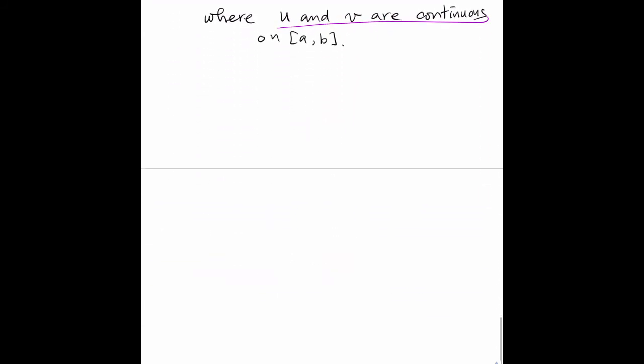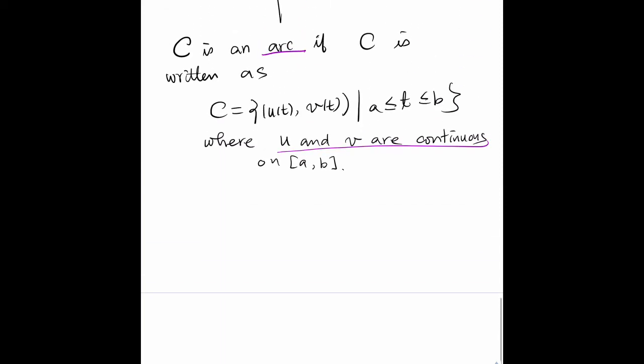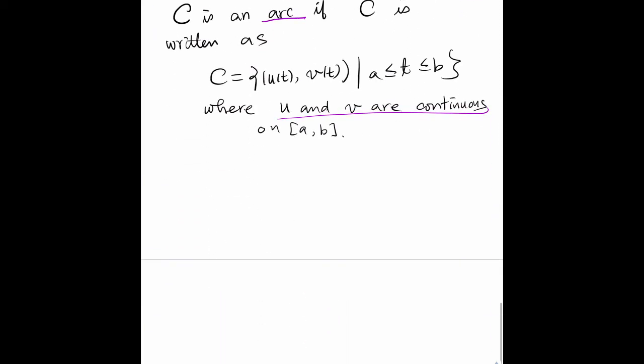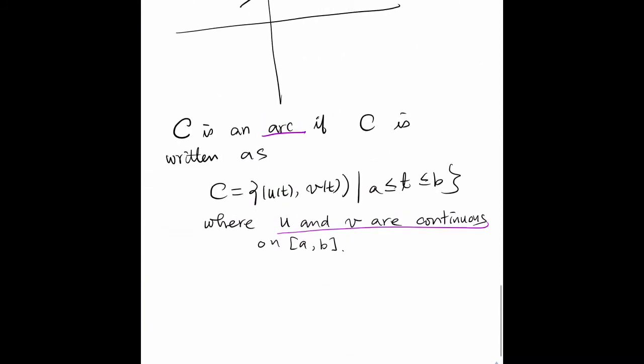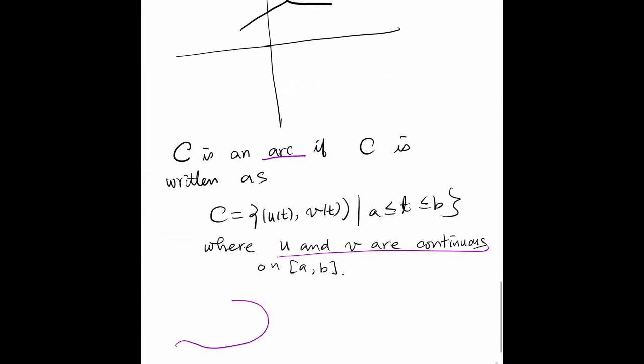Okay, now what is a simple arc? This is one arc. Also, you have this one. This is one curve, an arc, right? This is a closed curve, still an arc.